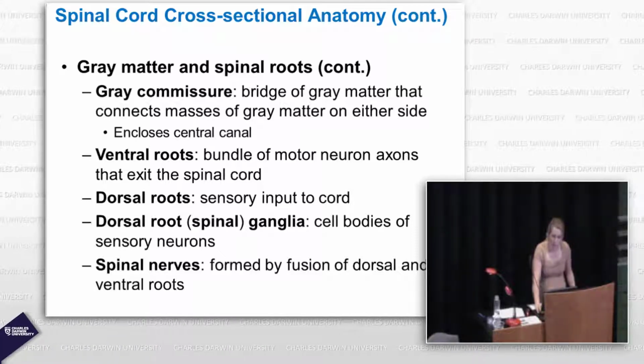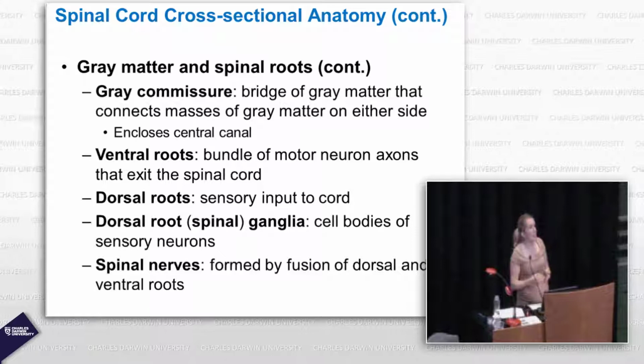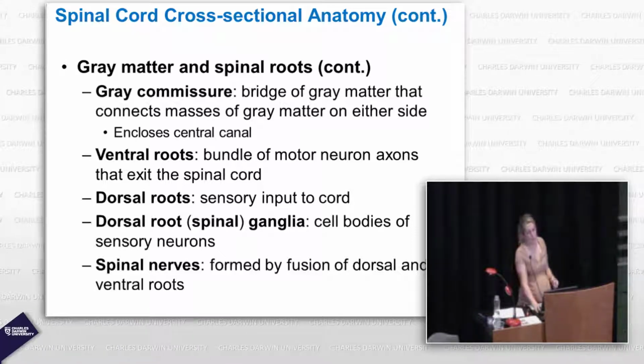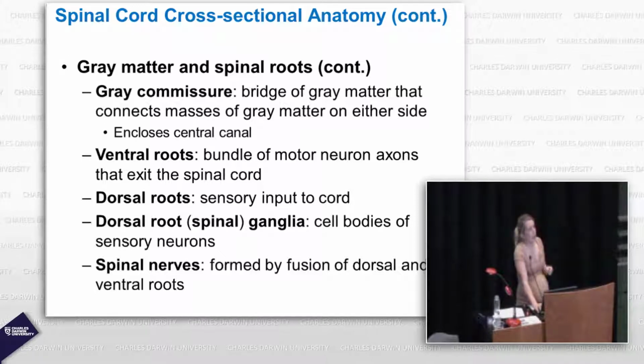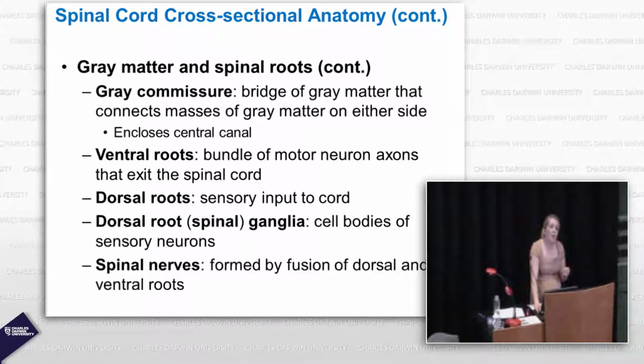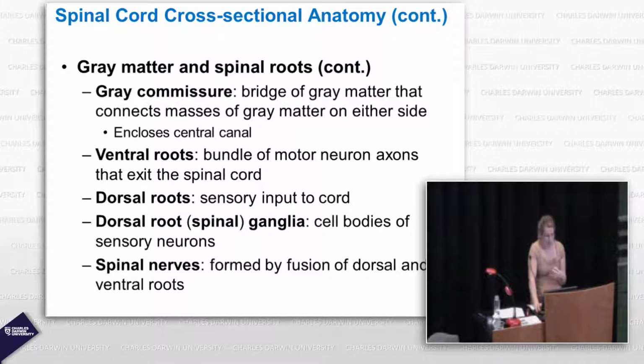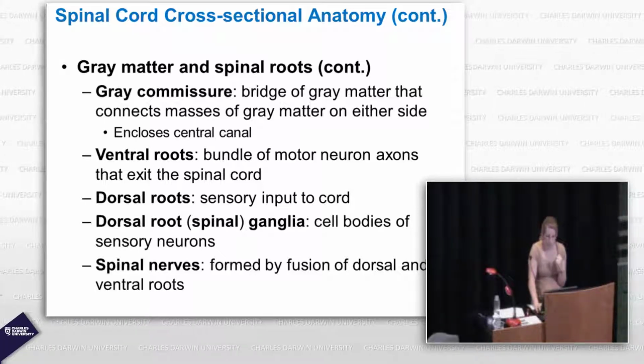I guess this is kind of important, these terms. You need to remember these ones for all of the anatomy that we'll be doing of the spinal cord. So we've got our ventral roots, which are, what I said before, the motor, because they're on the ventral, and dorsal sensory. We saw in the little picture before that there is a dorsal root ganglion.